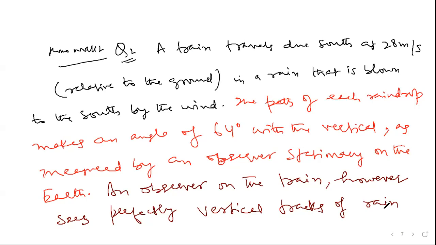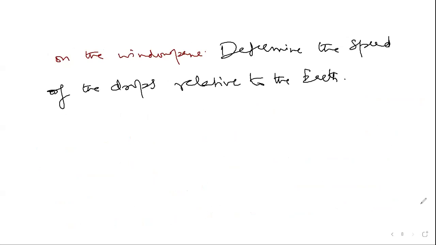Now, an observer on the train, however, sees perfectly vertical tracks of rain on the window pane. Determine the speed of the drops relative to the Earth. So this is all for today.